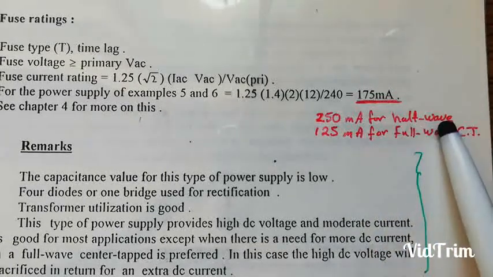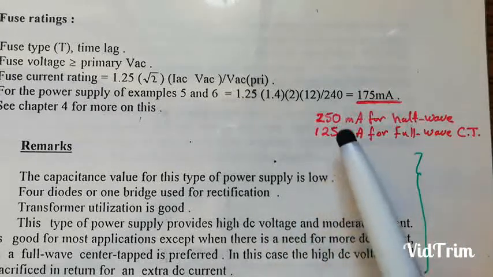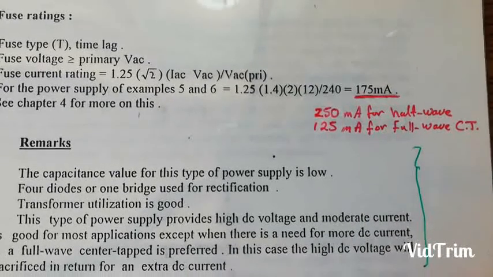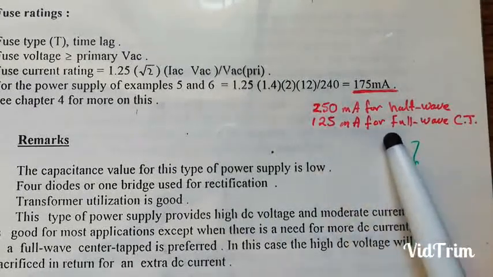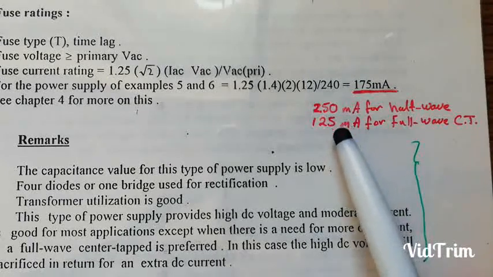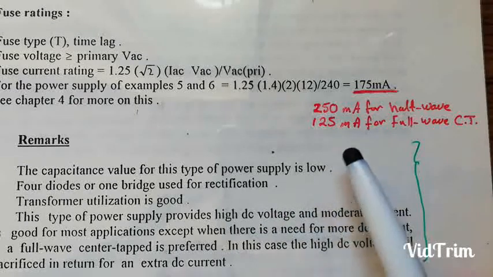Down there, if it was a half wave for that same transformer, it would be 250. So imagine that, 250 milliamps, that's a suitable fuse for a half wave. Or look at that, 125 milliamps for the full wave. Of course, there is an equation and there's a specific chapter for how to select these fuses.